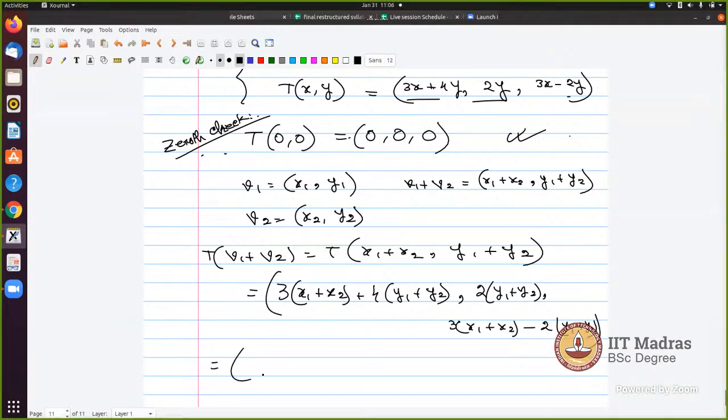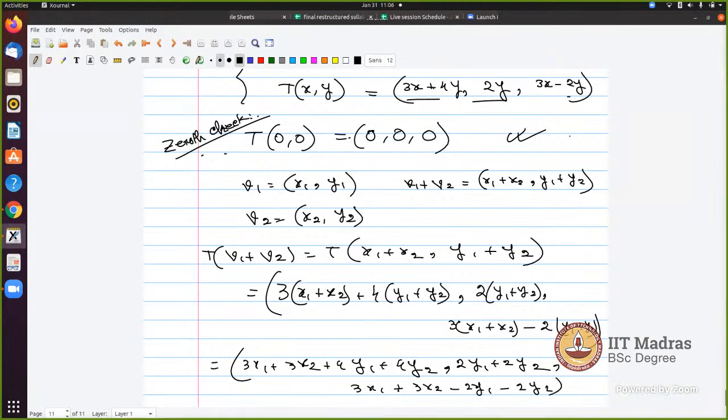Okay, so this is 3x1, 3x2, 4y1, 4y2, 2y1, 2y2. 3x1 plus 3x2 minus 2y1, 2y2. This is the image.